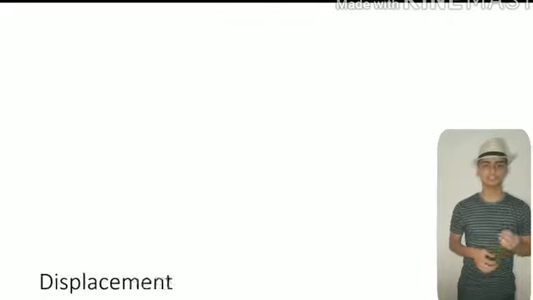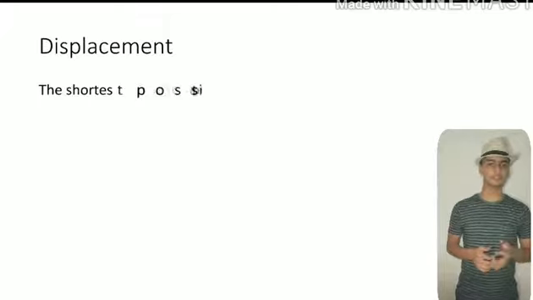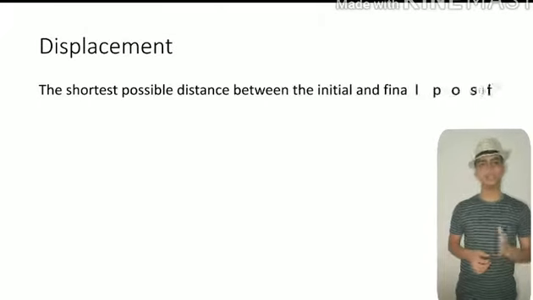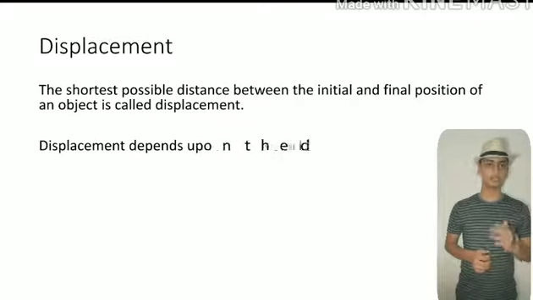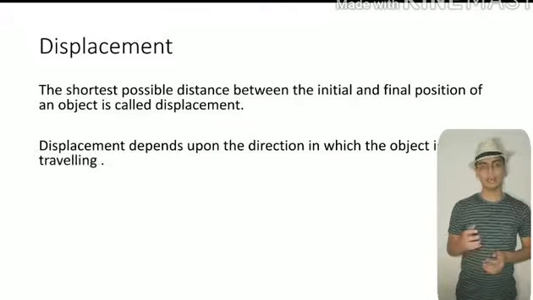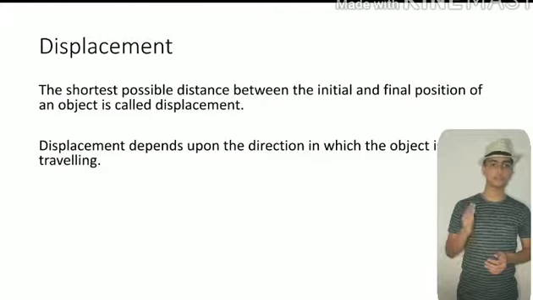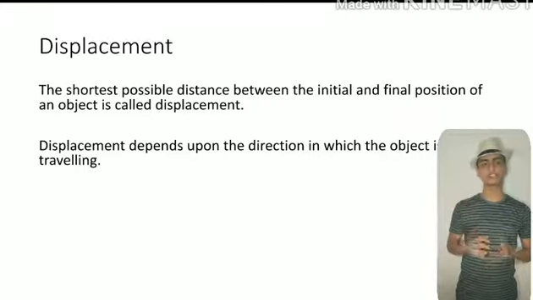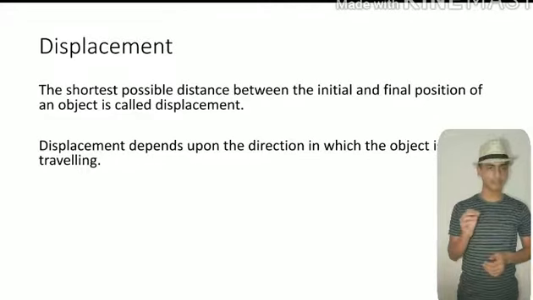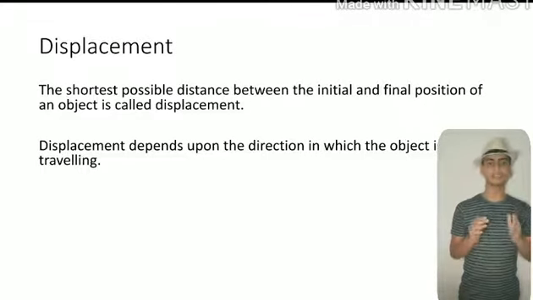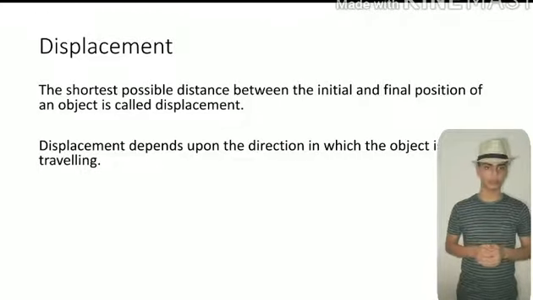Knowing about the displacement, the shortest possible distance between the initial and final position of an object is called displacement. In the previous example, as the points were located as O, A, B, C, the shortest distance between the point O and C will be 25 kilometers, as it is the smallest distance between the starting point and the final point.